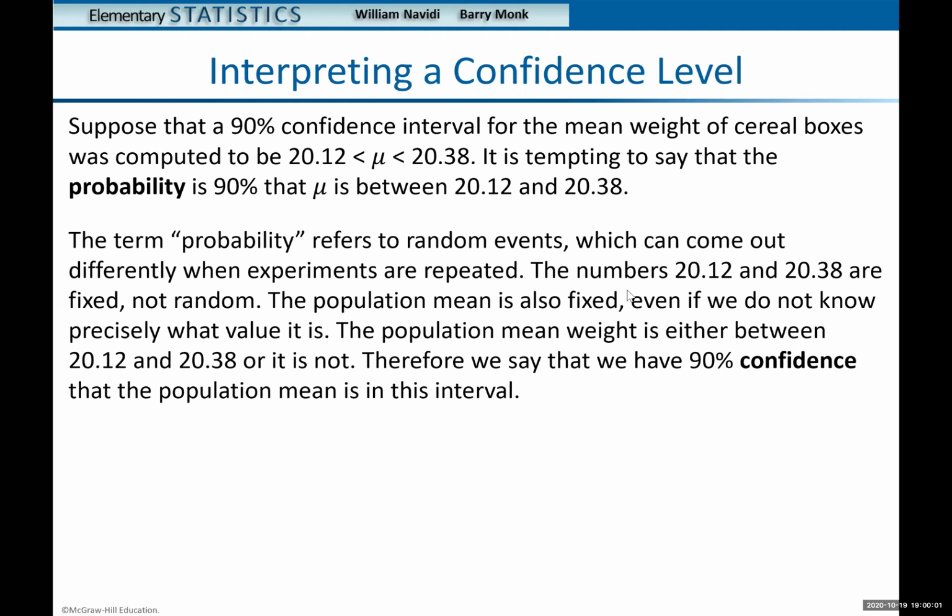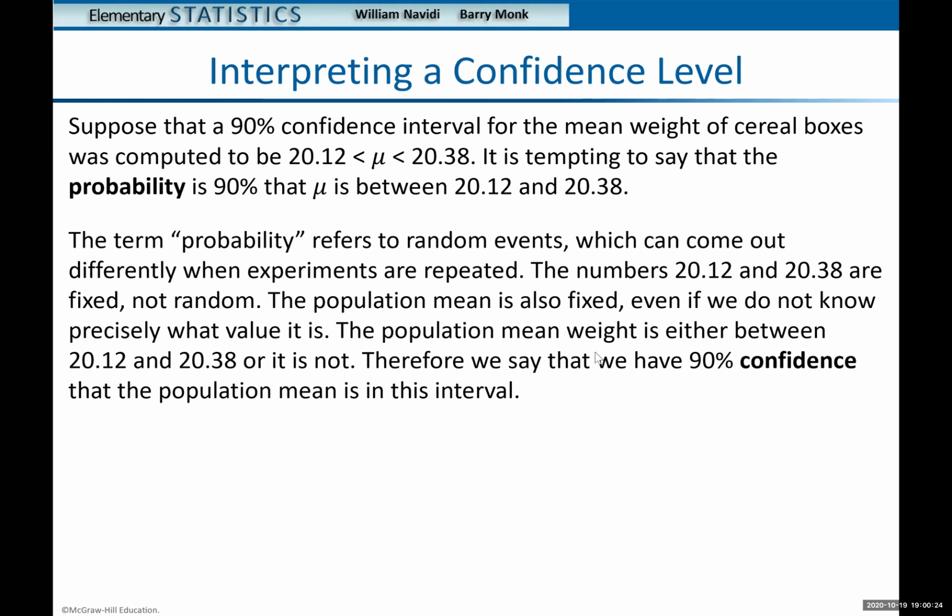So the term probability refers to random events which can come out differently when experiments are repeated. So the numbers 20.12 and 20.38 are fixed and not random. The population mean is also fixed, the given, even if we do not know precisely what value it is.